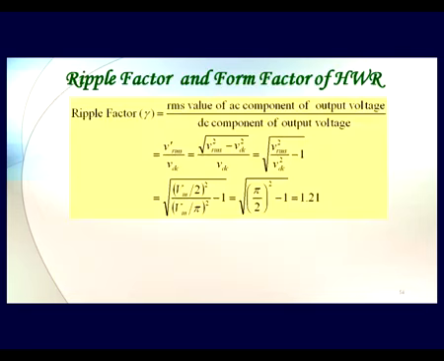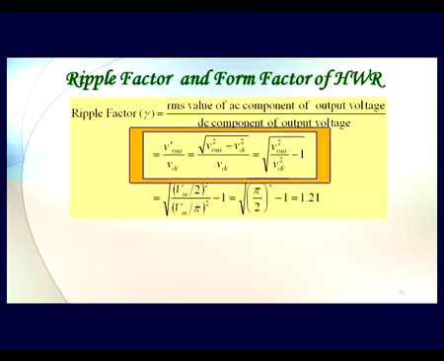Why we have found out all these components is essentially to see how is the performance of our rectifier circuit. And the important parameter that characterizes our rectifier circuit is the ripple factor indicated by gamma. It is nothing but the RMS value of the AC component of the output voltage upon DC component of the output voltage, that is V prime RMS upon VDC.